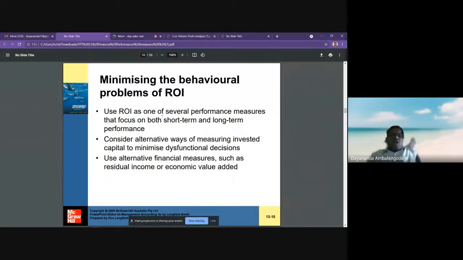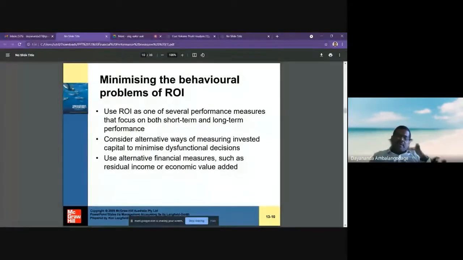The first one is to use ROI as one of several performance measurements. Don't focus only on ROI. You include some other measurements, maybe the payback method, maybe cash flow ratios. Not only ROI, you bring in some other measurements.